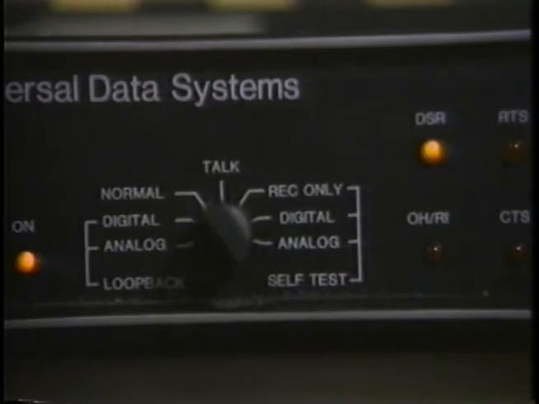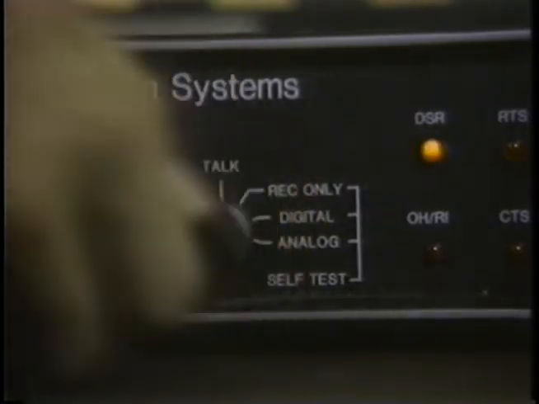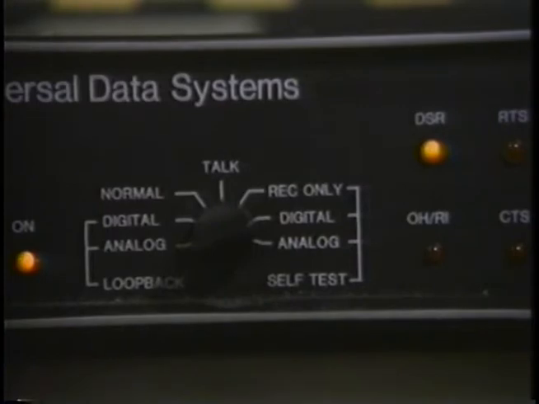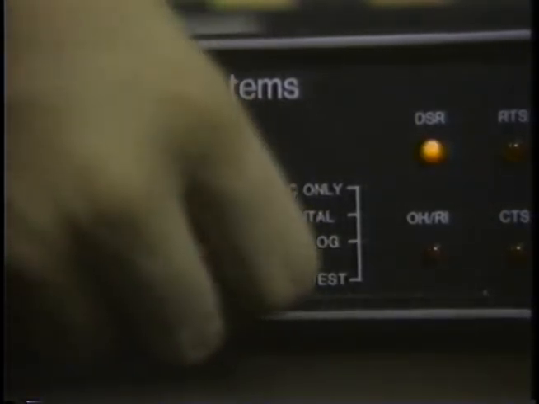There are several options we haven't yet covered. Data set ready option, internal-external slave clock. The data set ready, or DSR, option applies to the test procedure on some modems. This option gives the choice of leaving data set ready on during test modes or turning data set ready off during testing.